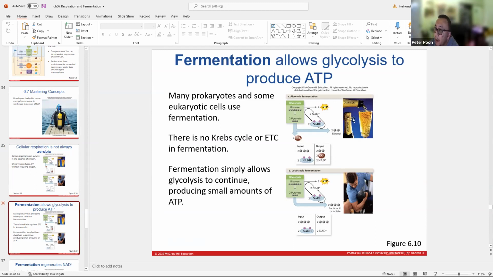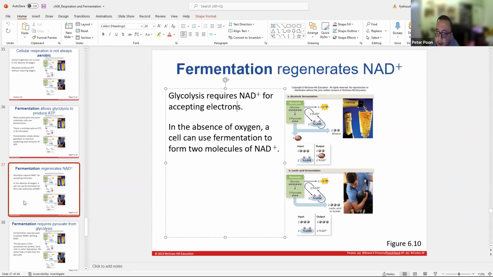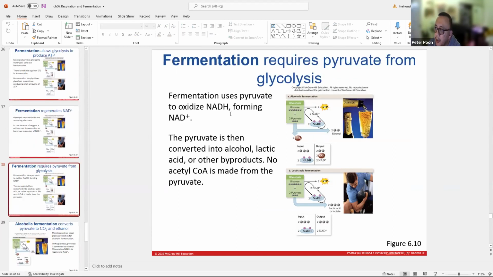So we generate 2 ATPs in glycolysis. We also generate 2 NADHs. But here's the thing: we need the NAD plus back. So we have to take the electron from the NADH and do something with it. We need to reformulate the NAD plus, and so what we do is use pyruvate.